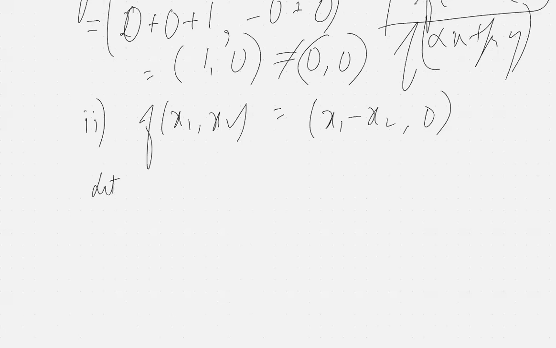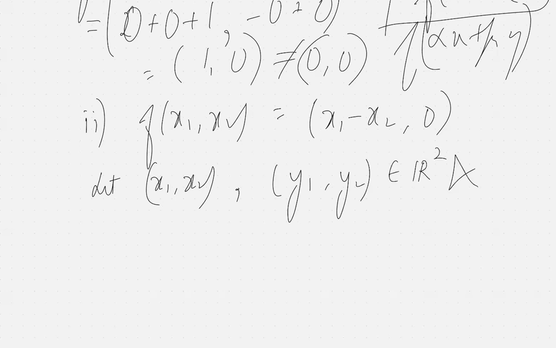Let x1, comma x2 be the first element, and y1, comma y2 the second element. Let them belong to R square, and alpha, comma beta belong to the field. R square is a vector space defined over the field R. So how do we do it?